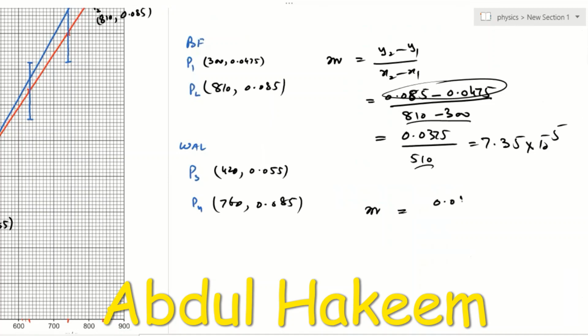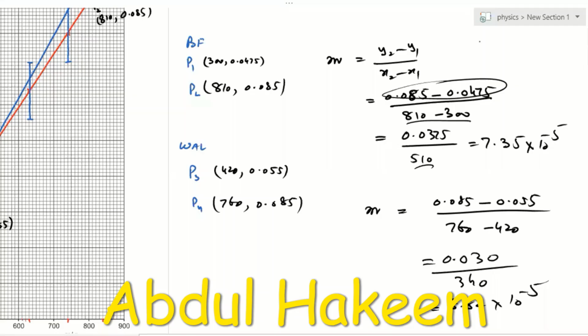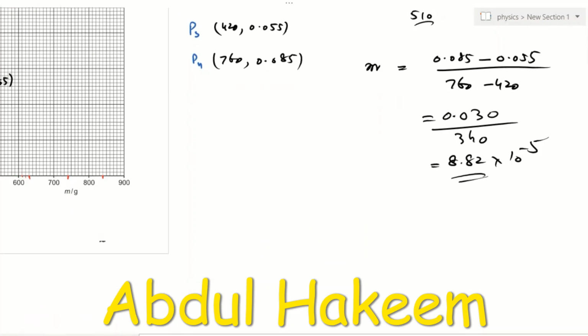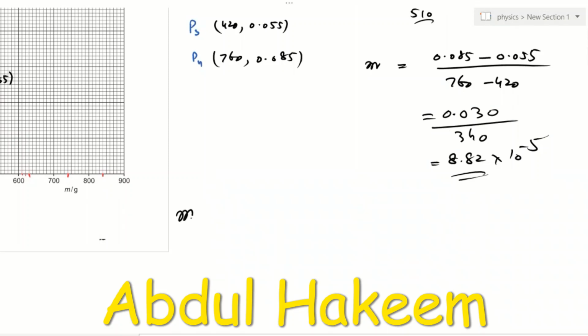Now calculate the gradient of this worst acceptable line. So 0.085 minus 0.055 divided by 760 minus 420. Okay, after the calculation, the gradient of the worst acceptable line is coming 0.030 divided by 340, 8.85 times 10 power minus 5. Now, we have to write the answer for the gradient.